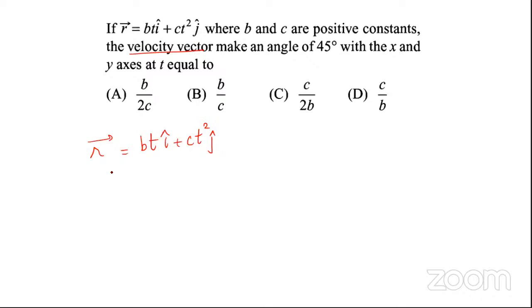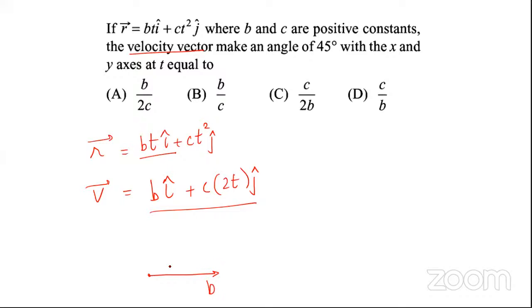So how is the velocity vector related to time? V vector becomes, we differentiate this with respect to t, so we'll get b i cap and c into 2t j cap. So the horizontal component is b and the vertical component is 2ct. Alright, this is a variable, it will change with time.